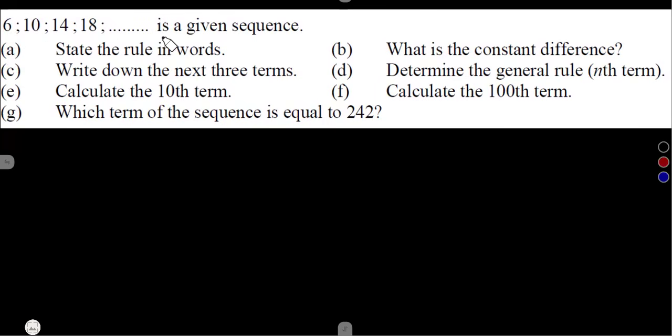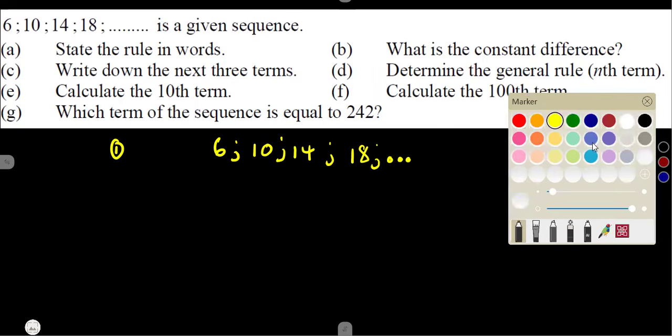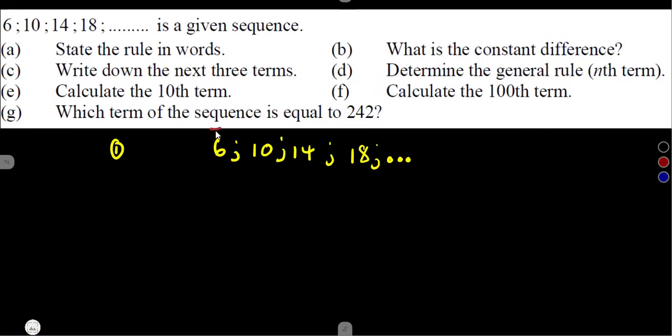So we are given a sequence there, which is 6, followed by 10, the next term, then 14, and 18, and so on. There are so many terms following there. So we know that this is our first, T1, this is our second, T2, this is our third, this is our fourth, and so on.